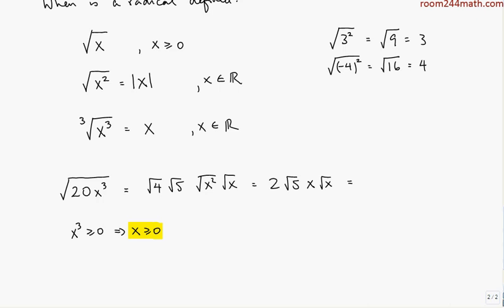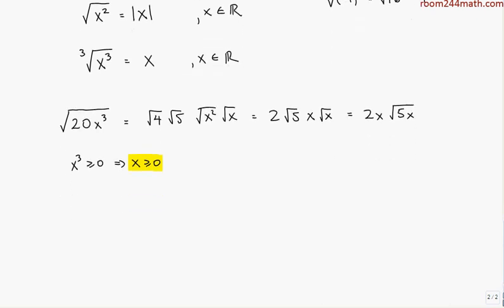So the square root of x squared is just x, and then we still have the root x that we don't really do anything with. The last step is to combine the two radicals again. So you've got the 2 and the x, and then root 5 times root x you would just write as root 5x. So both parts here are necessary: you have to have the restriction x must be greater than or equal to 0.